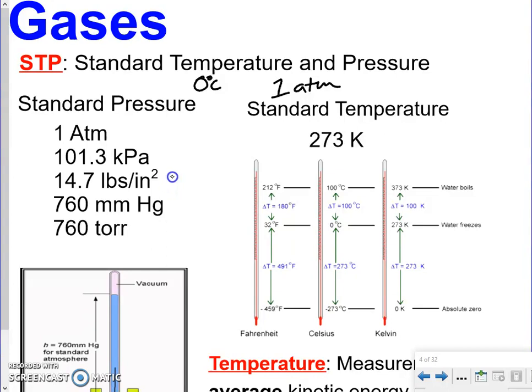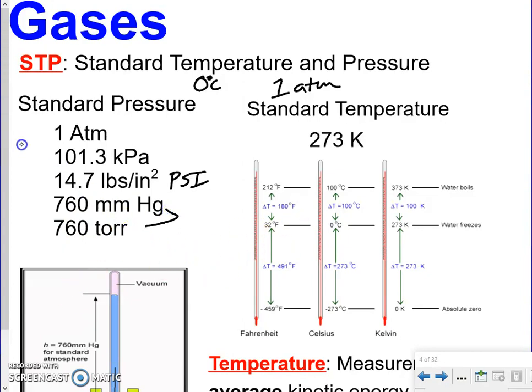You would see PSI, pounds per square inch. That's where that comes from. This is not ever used in AP chemistry, but it is a common form of pressure, especially in America. We have millimeters of mercury, which is 760 at 1 atm, and then 760 torr. So again, these two are identical in their measurements.